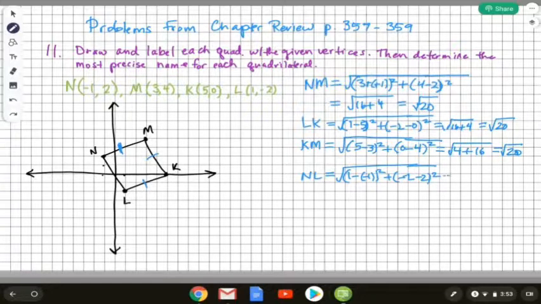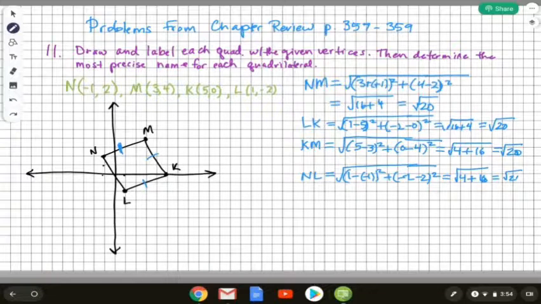So that's going to give me 1 plus 1 is 2 squared, which is 4, plus negative 4 squared, which is 16. So that's a square root of 20. So they all end up being the same length.